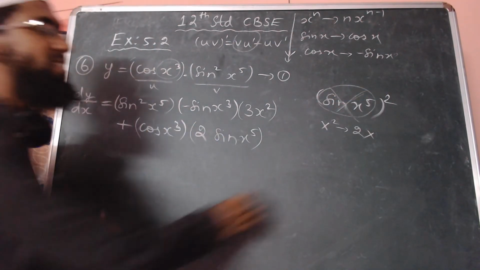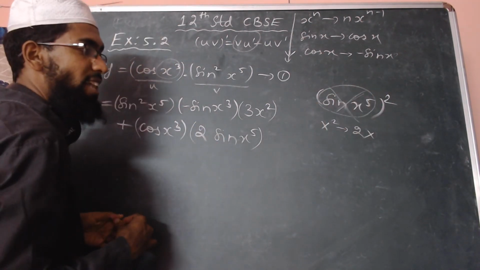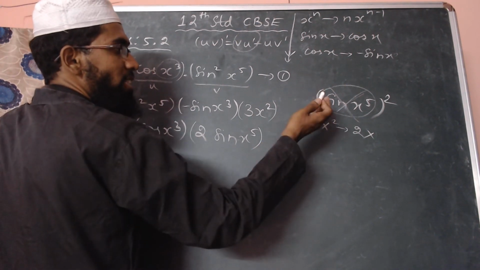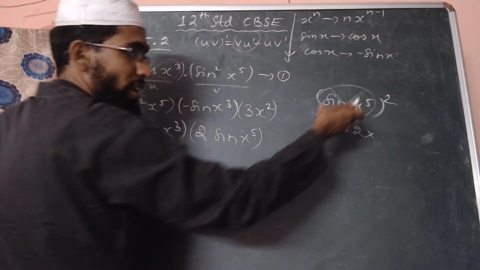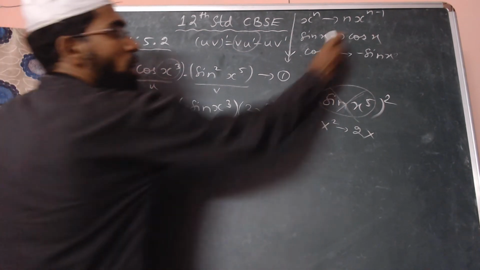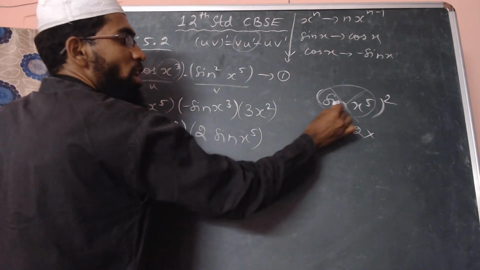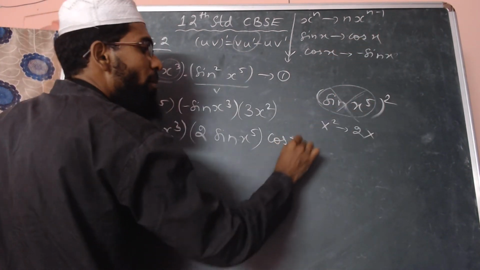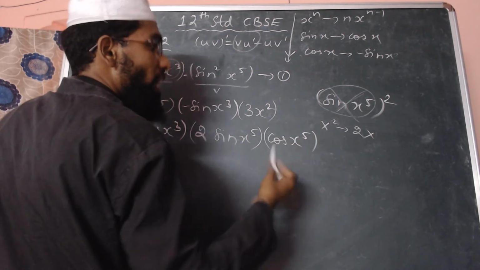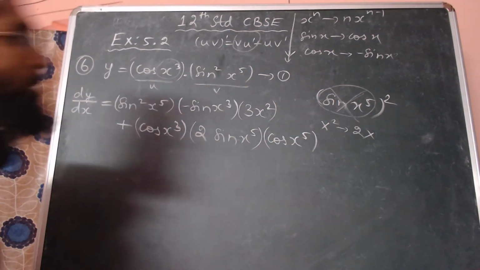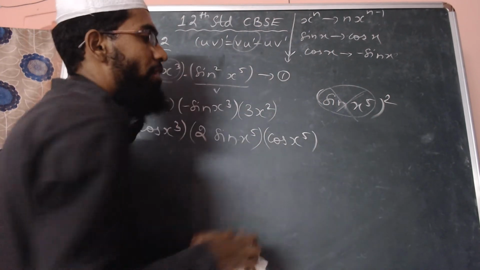Now I have to differentiate that sine x power 5. Derivative of sine x is what? Cos x. Sine y, cos y. So sine of x power 5, it is cos of x power 5. Right. Now what I have to do? I have to differentiate this square.